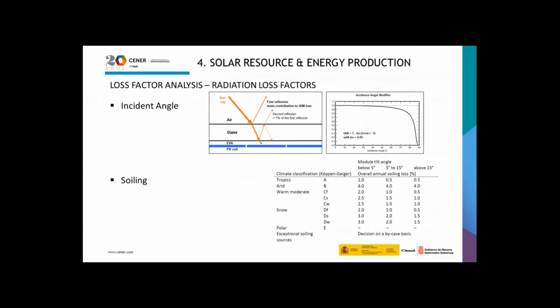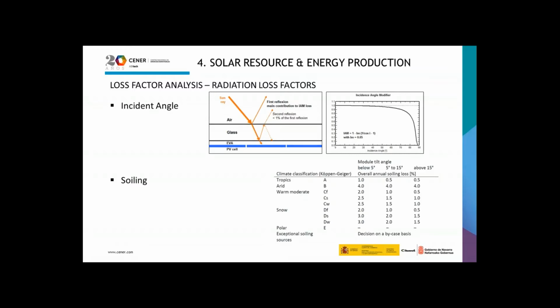Radiation loss factors refer to the part of solar radiation that exists at the location, but does not reach the photovoltaic modules. Radiation loss factors include the angle of incidence, which is related to the effects of radiation reflection on the PV module surface.